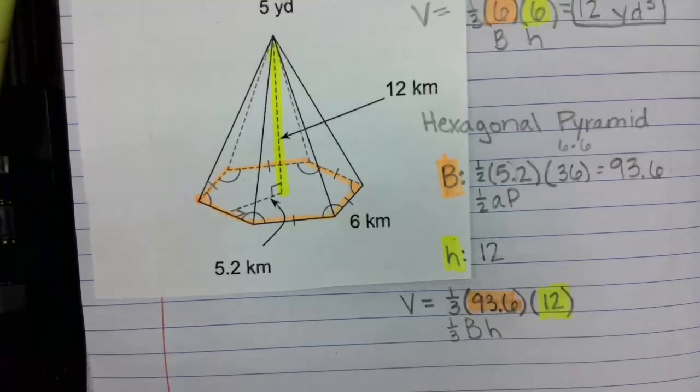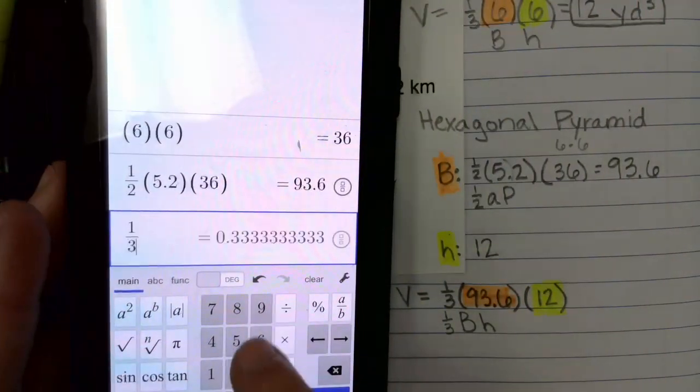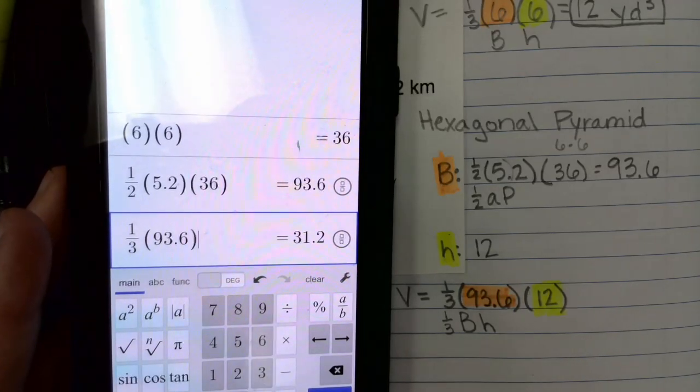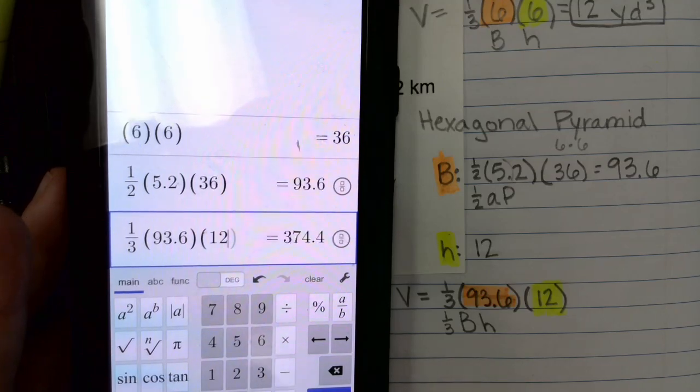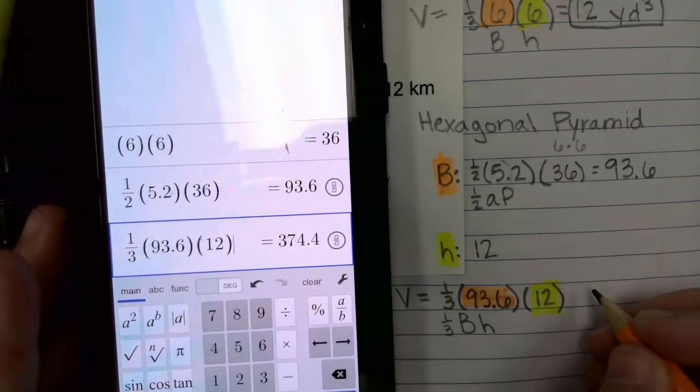And again, I would plug that into my calculator personally. 1/3 times 93.6 times 12. And we get 374.4.